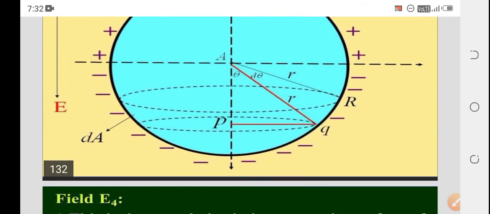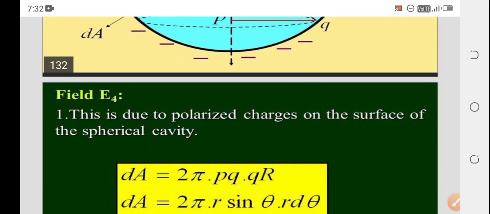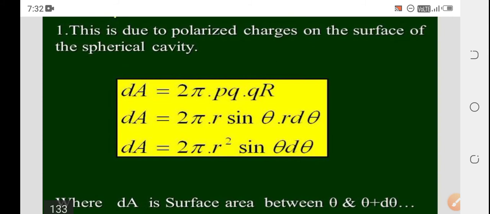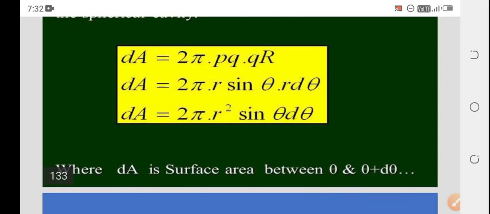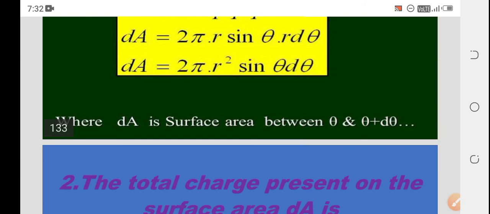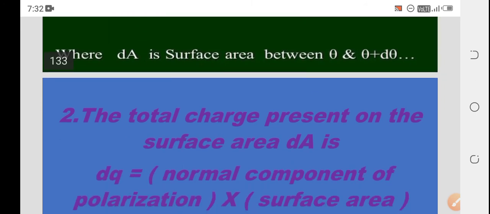From this figure, it will be analyzed that this is due to the polarization charges on the surface of the spherical cavity. Therefore, dA is considered as 2 pi PQ times QR. PQ is R sin theta, and QR is R d theta. So finally dA is 2 pi R square sin theta d theta, where dA is the surface area between theta and theta plus d theta.